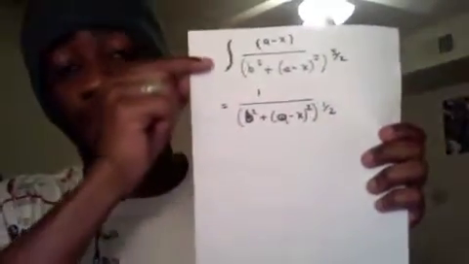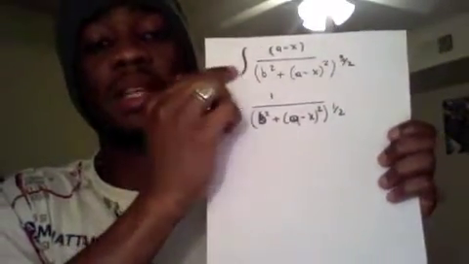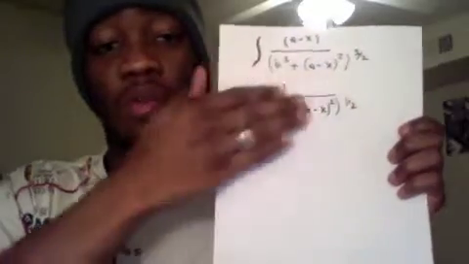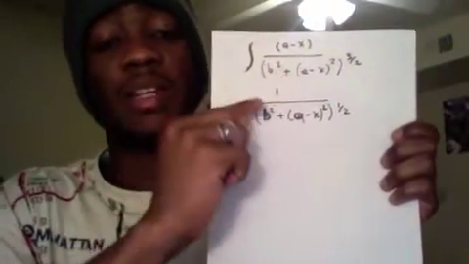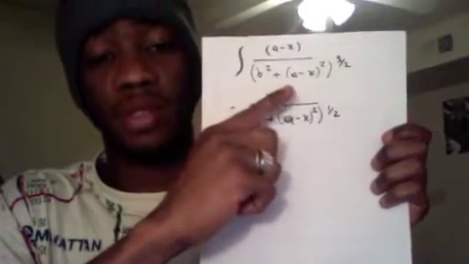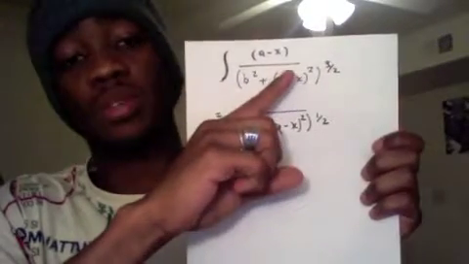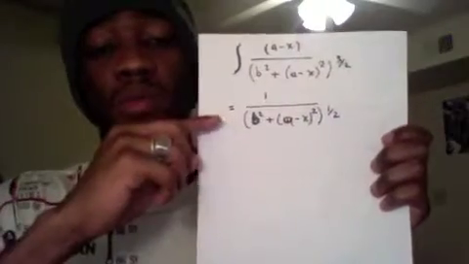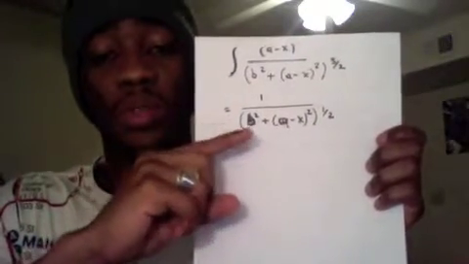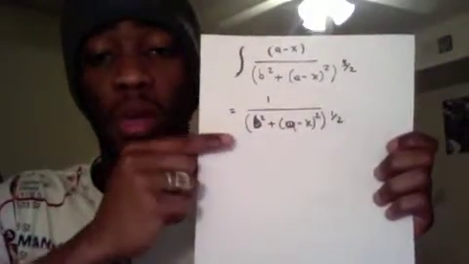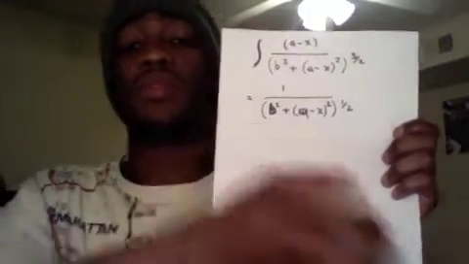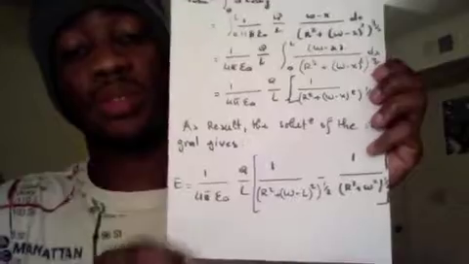So here you can see that the integration of a minus x divided by b squared plus a minus x squared, raised to the power of 3 halves, is equal to 1 over b squared plus a minus x, everything squared, the denominator to the power of 1 half. This is the formula needed to continue the integration.